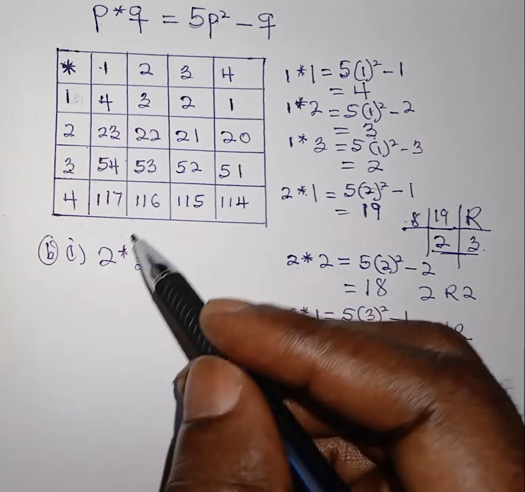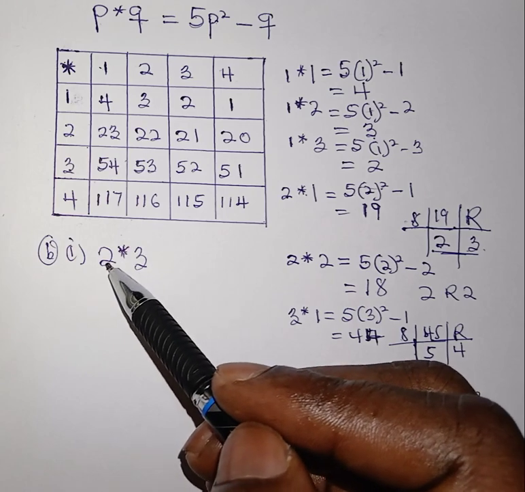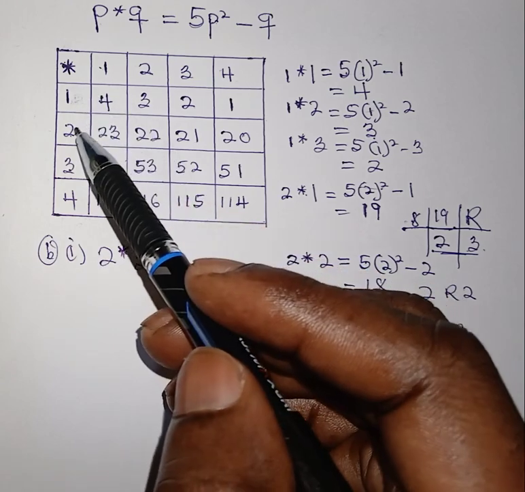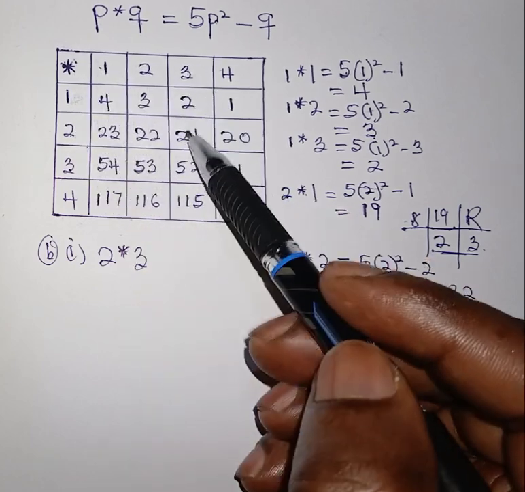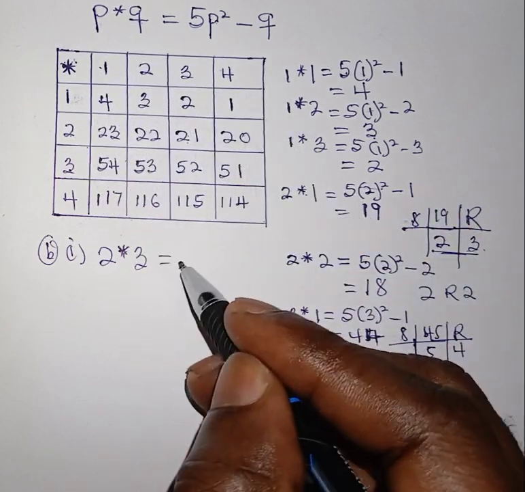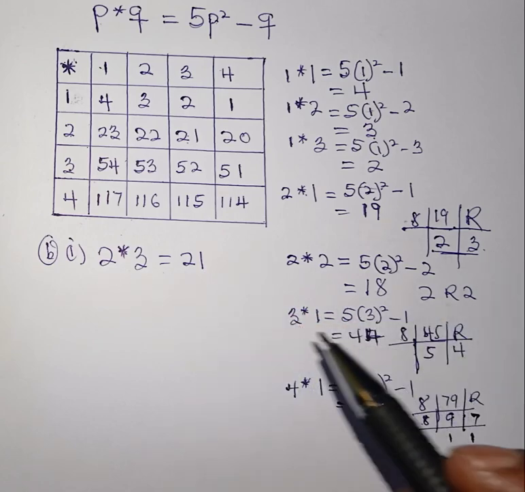This one is very simple. You just use your table where 2 is and where 3 is. So 2 operation 3 gives us what? 21. Okay, so this one is very simple.